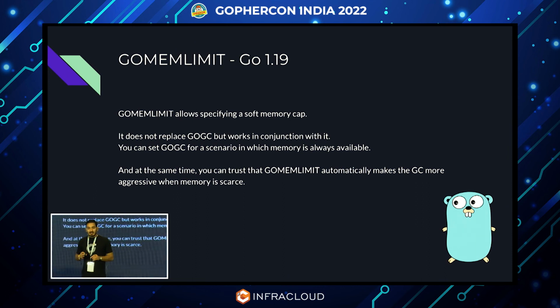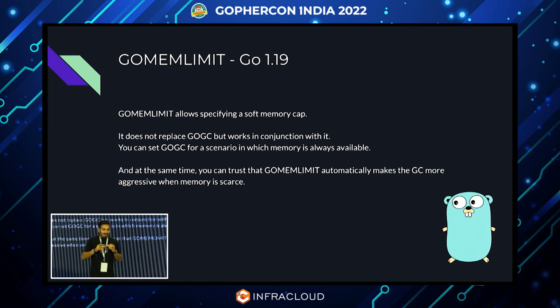With GOMEMLIMIT, you can define a soft memory limit on the heap size. Let's say your container size is 100 MB, and we set the GOMEMLIMIT to 80 MB. When our heap memory is closer to 80 MB, the Go pacer tries to kick in another GC cycle.